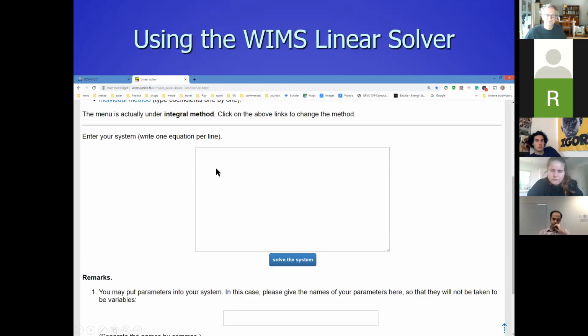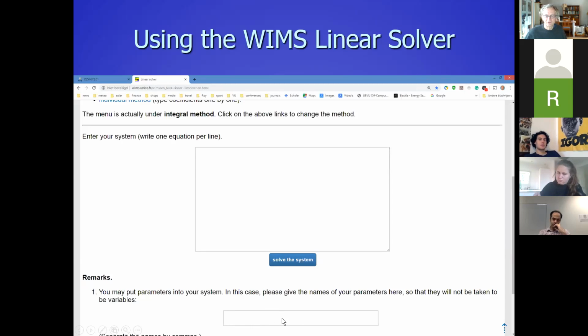Be careful that it doesn't understand Greek letters, so you have to replace omegas with W. But for the rest, it accepts subscripts as normal, and even if there is no multiplication sign, it will usually create it itself.